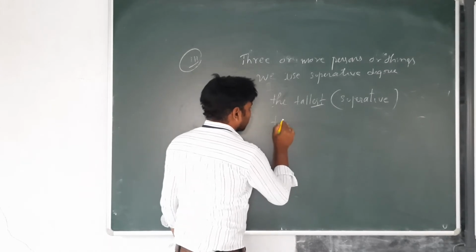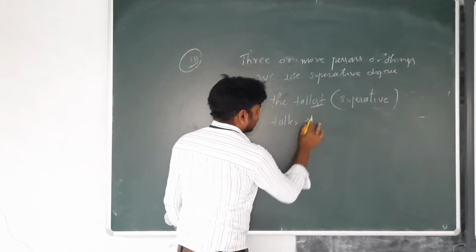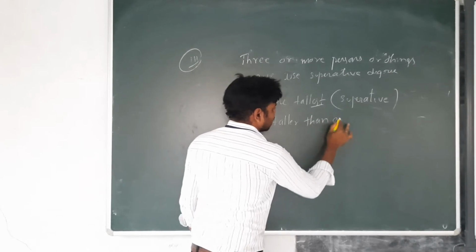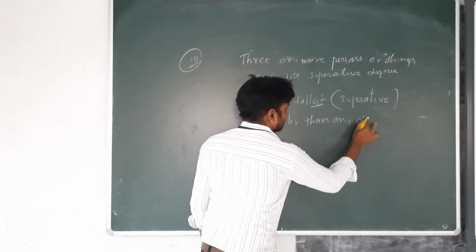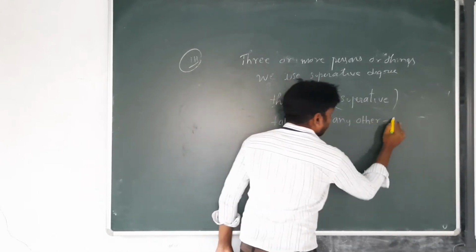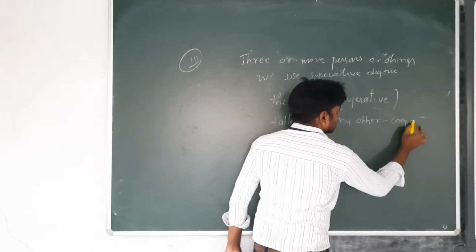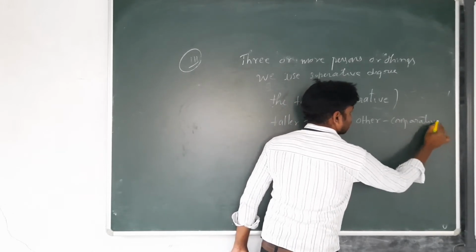Second one, the tallest. Next one, taller than any other. This is comparative degree.